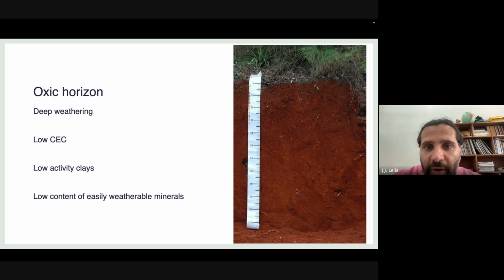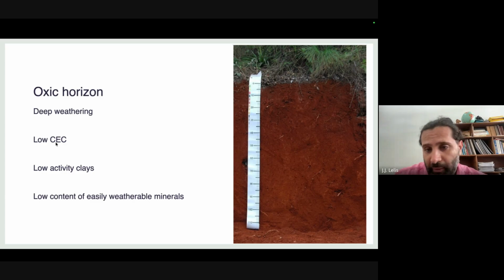Okay, so the oxic horizon, every time that you hear this name, this diagnostic horizon, you need to think at the same time of intense chemical weathering, an intense destruction of primary minerals, an intense destruction of 2 to 1 minerals. And of course, because of this, we will register a low CEC, a low cation exchange capacity.